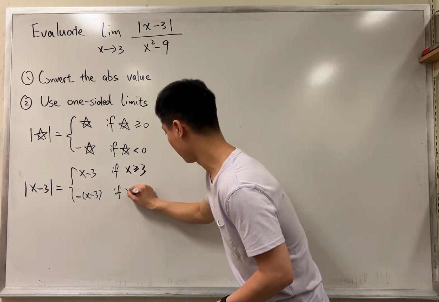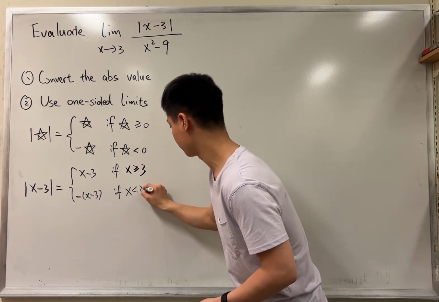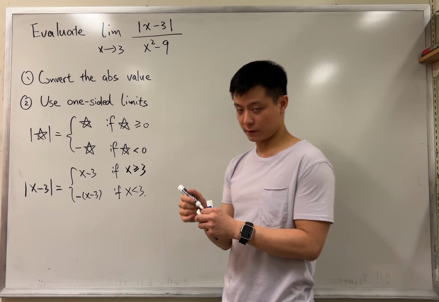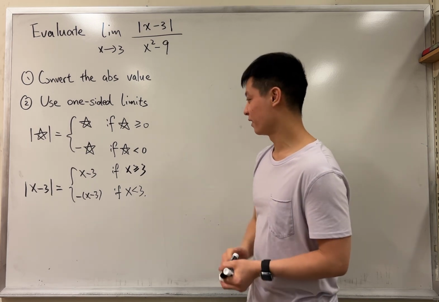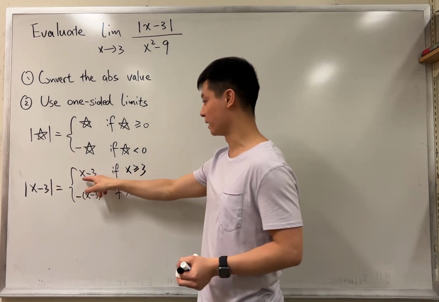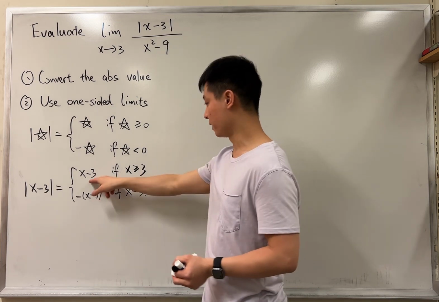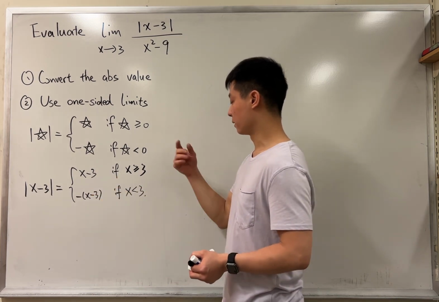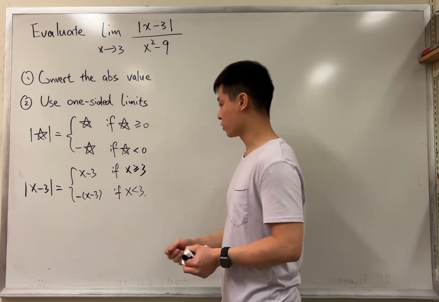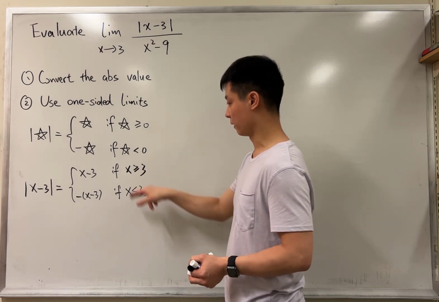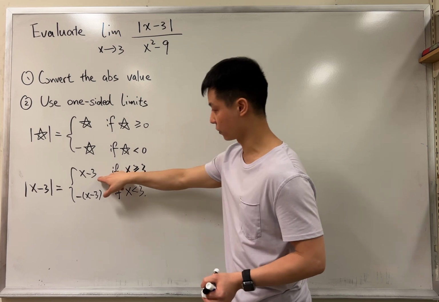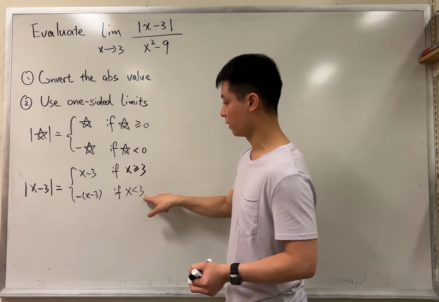So I have x less than 3. Now we have successfully converted this absolute value into a piecewise function. And we know when to use which piece depending on what range the variable x falls in. If x is greater than 3, then we use this. If x is less than 3, then we use that.